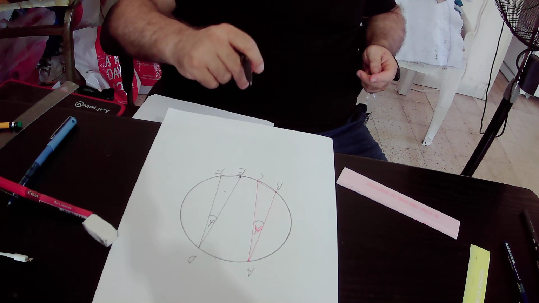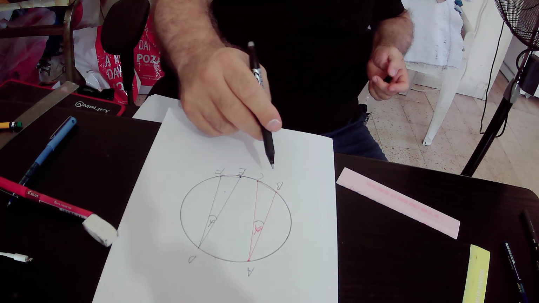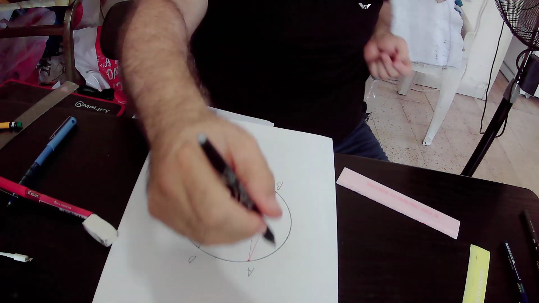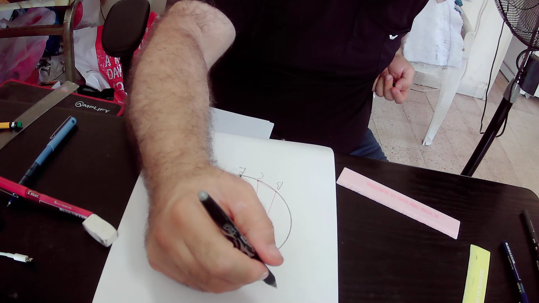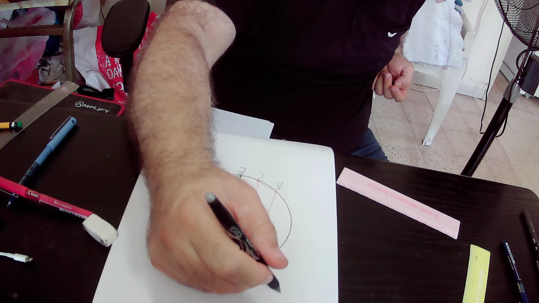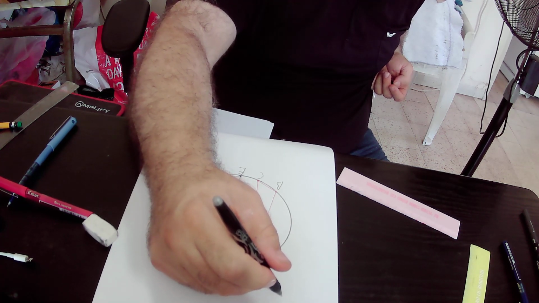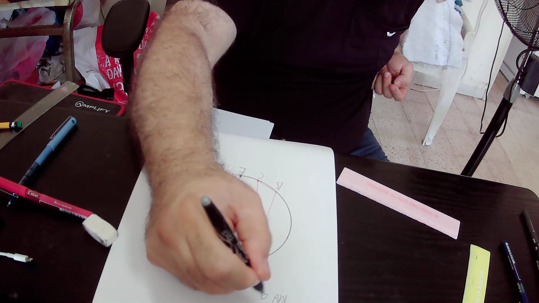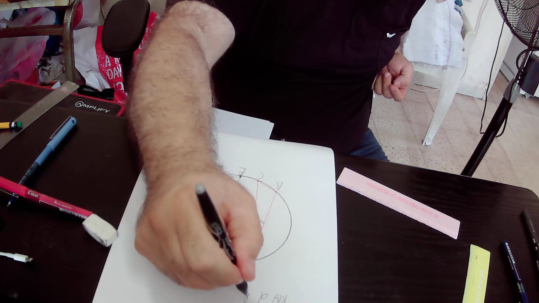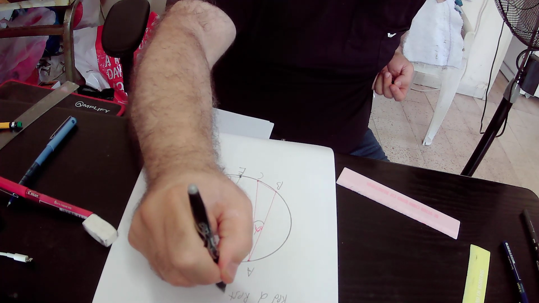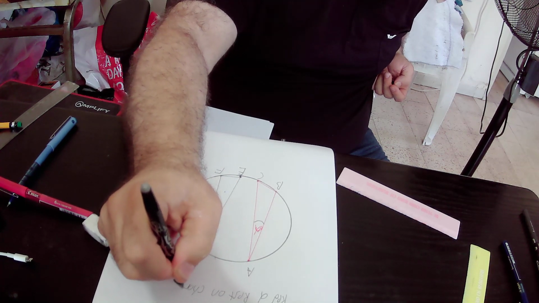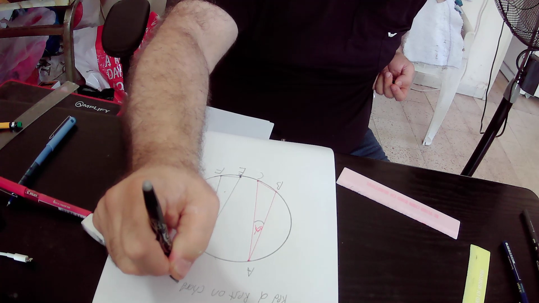But again, the peripheral angle alpha in the red color rests on chord BC. Okay, red alpha rests on chord BC.